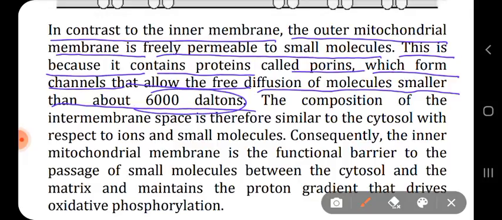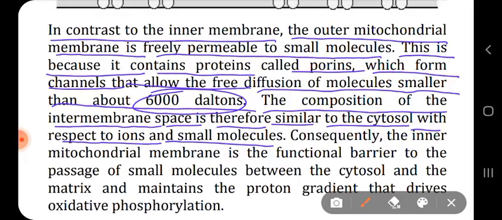The composition of the intermembrane space is therefore similar to the cytosol with respect to ions and small molecules. The intermembrane space, found between the inner and outer mitochondrial membranes, has ions and small molecules like the cytosol.